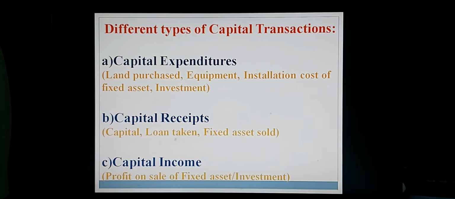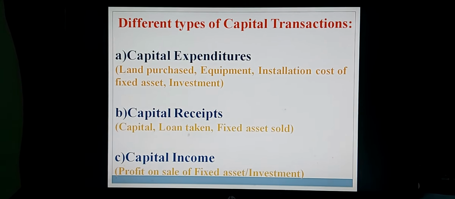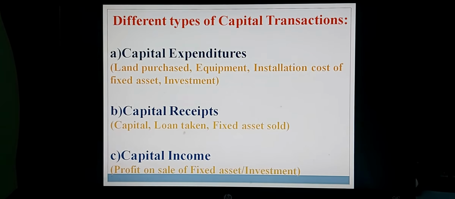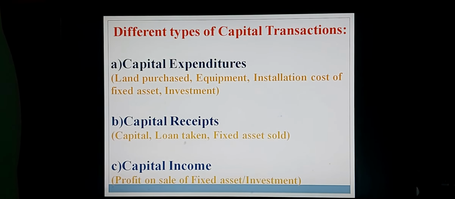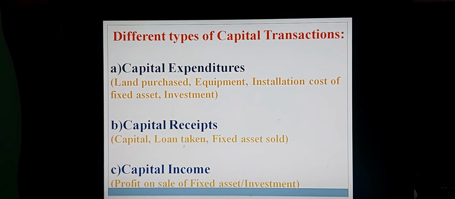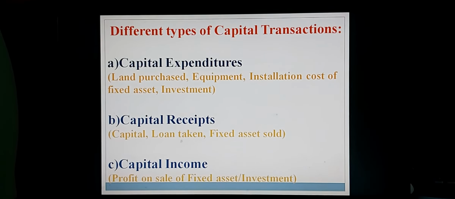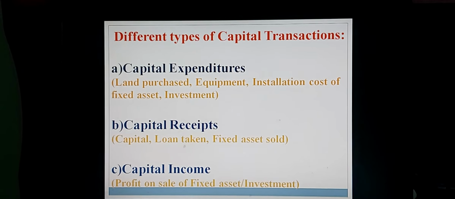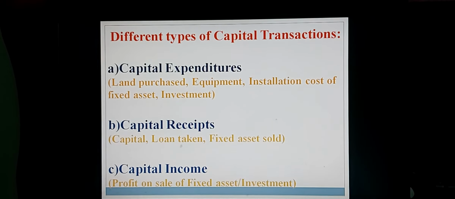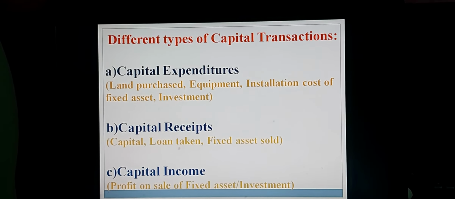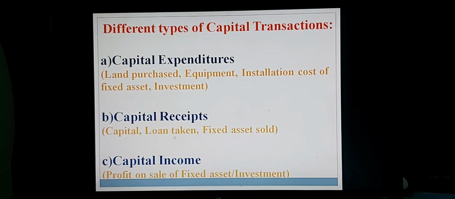It is to be remembered here that the expenses that increase the life or volume of asset will also be treated as capitalized expenses or capital expenditure. It can be said that the expenses which will ensure further utility over the period will belong to capital expenditure.